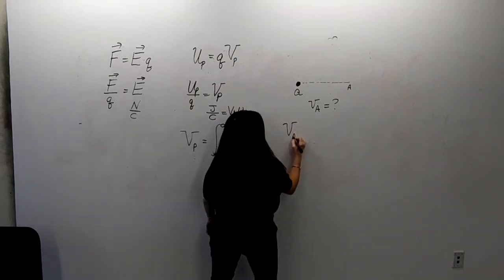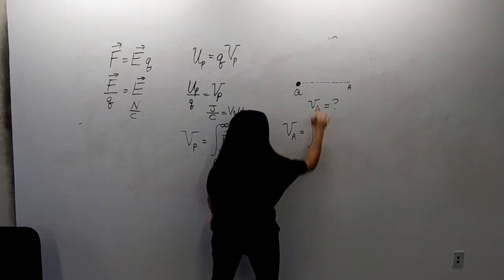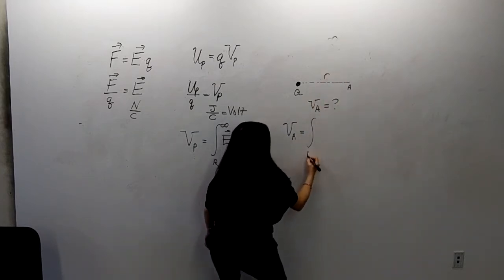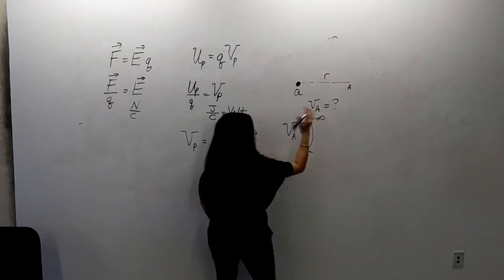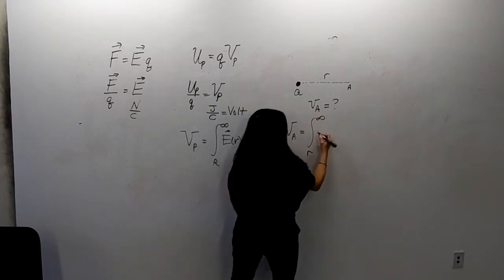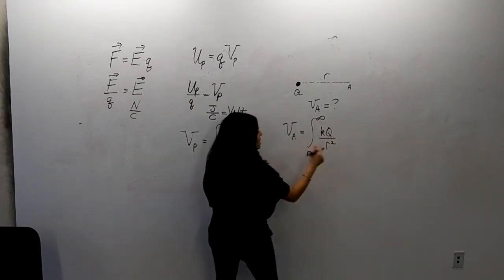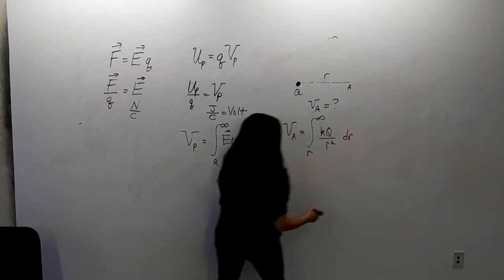Let's say A is a distance R away. The potential is the integral from R to infinity, from point A out to infinity, of E of R, which I know is KQ over R squared in the r hat direction, dot dr.